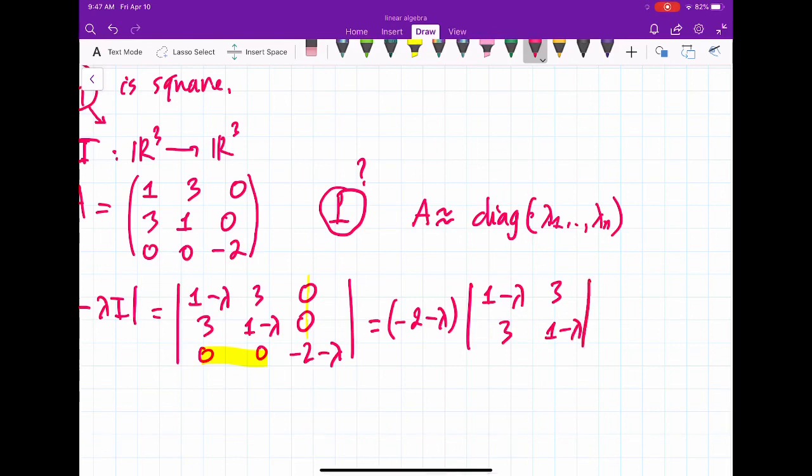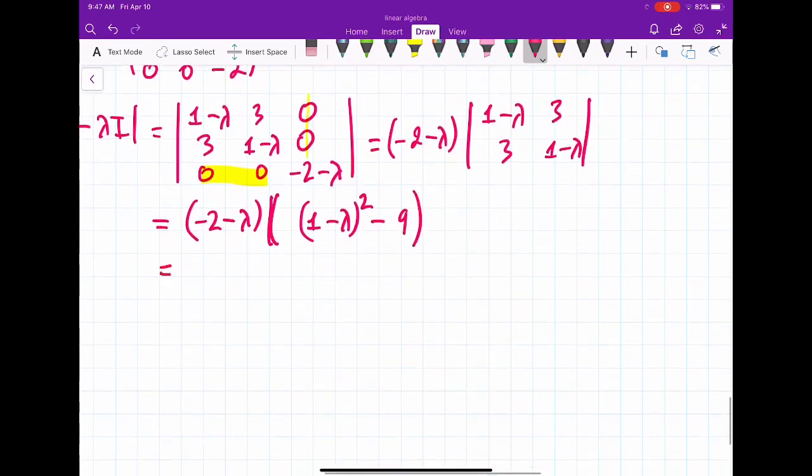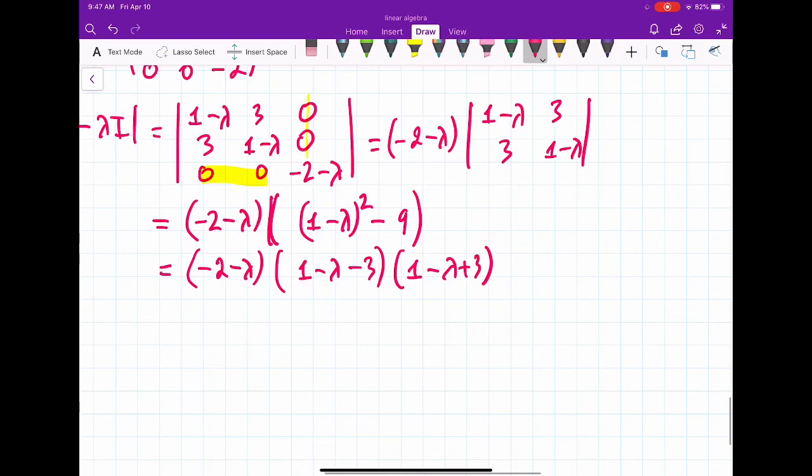This equals (-2 minus lambda) times ((1 minus lambda) squared minus 9). We can factor this: (-2 minus lambda)(1 minus lambda minus 3)(1 minus lambda plus 3). Here we use a squared minus b squared equals (a minus b)(a plus b), okay?